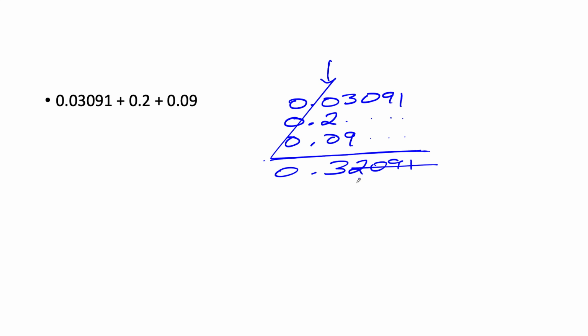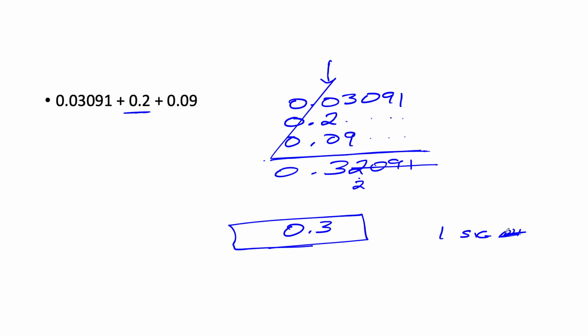Since this is a 2, we keep the 3 the same. So my answer is 0.3. That's my answer, folks. One significant digit because of that one right there. Remember, the 0 holds place. So this is one significant figure, one sig fig.